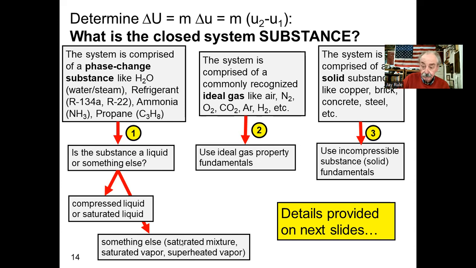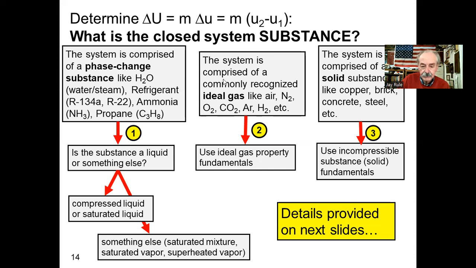Well, the something else for a phase change substance could be a saturated mixture of vapor and liquid. It could be a saturated vapor. You couldn't see it, but you know it's there. Or a superheated vapor. You definitely can't see it. It's heated beyond being a saturated vapor. More on that in a second. Okay, so that's the first category, a phase change substance.